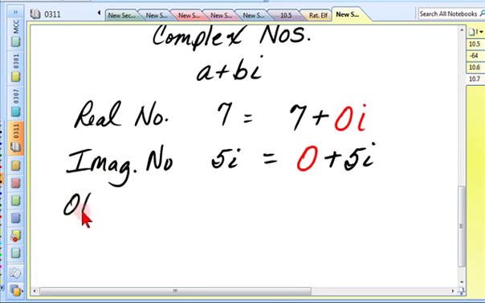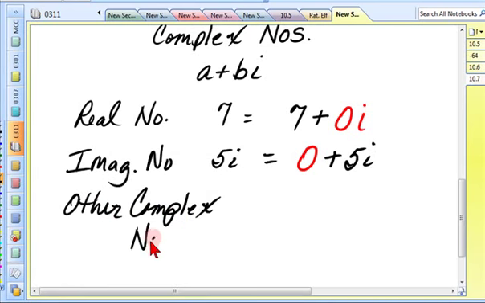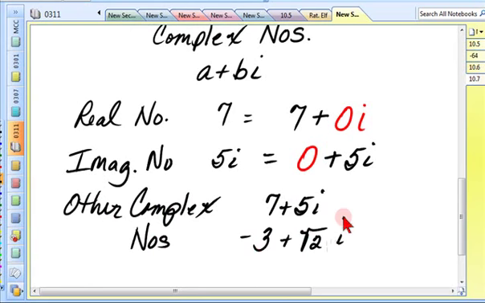But there are other complex numbers that have both parts. 7 plus 5i is a complex number. -3 plus square root of 2 i. That's a complex number.